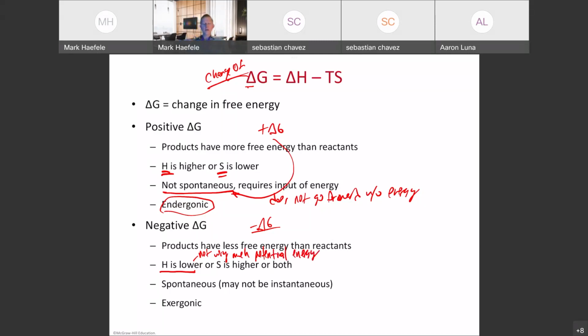And typically your entropy is higher, you have a lot of disorder, then that's going to give you a negative delta G. This generally is what's referred to as spontaneous. That means it moves forward readily.